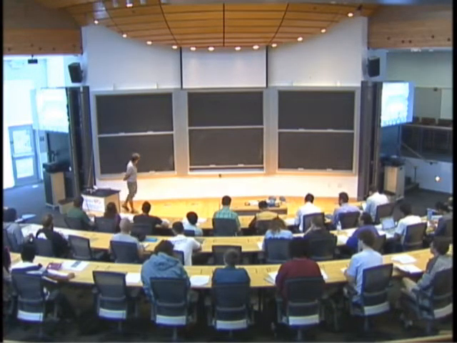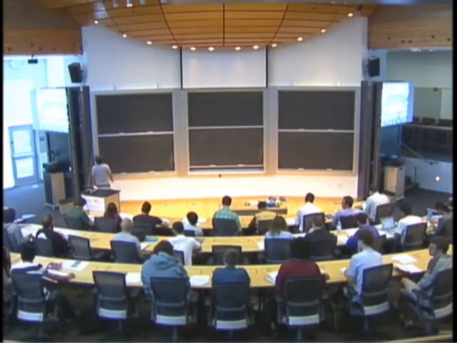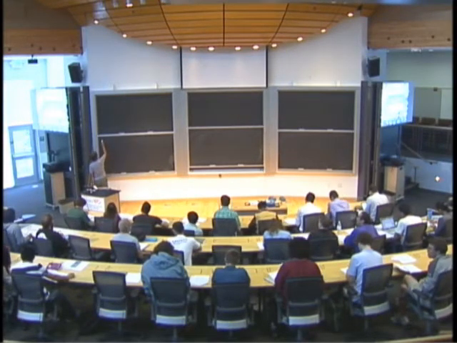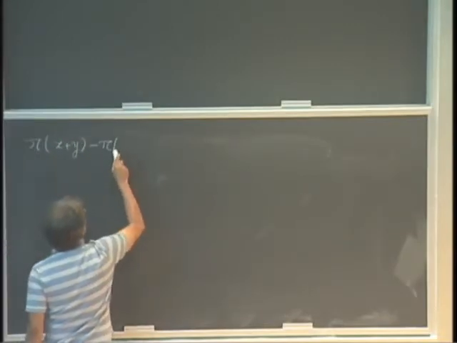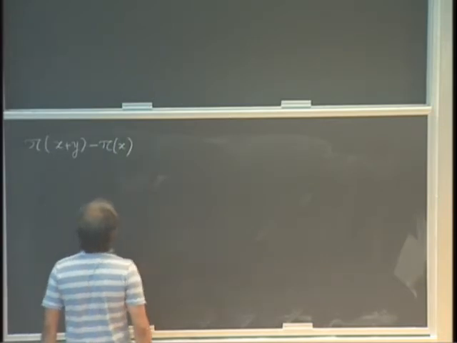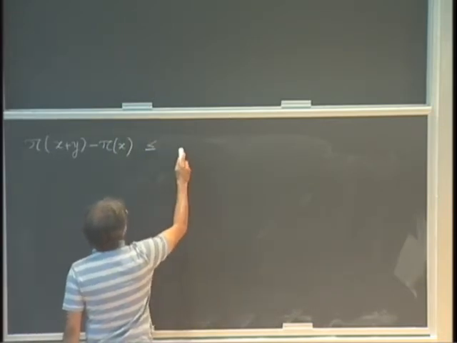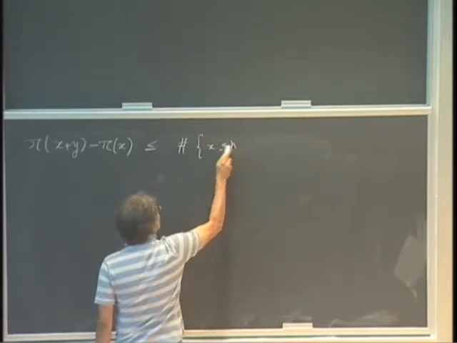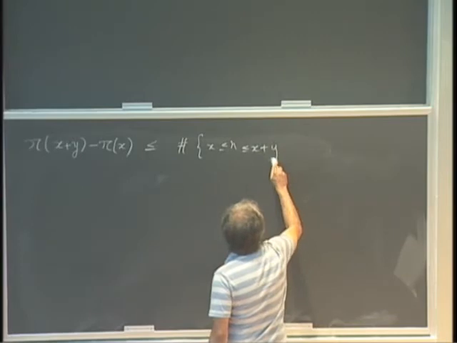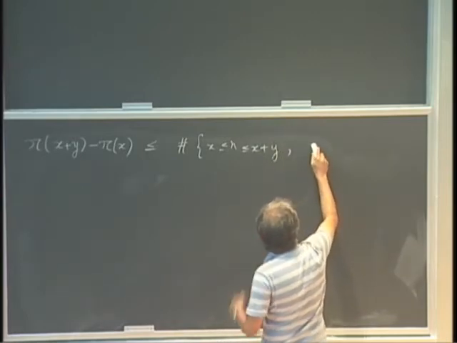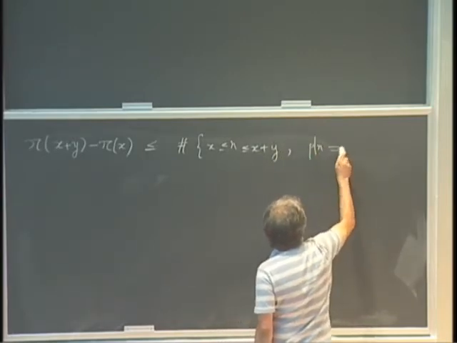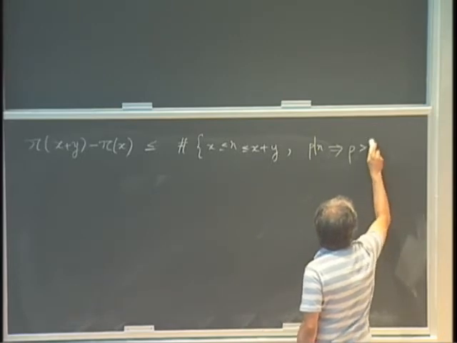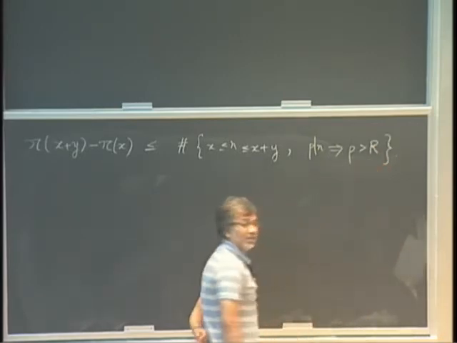So let me remind you where we were yesterday. I was working on a bound for the number of primes in an interval from x to x plus y. We bounded this by counting the number of n from x to x plus y, all of whose prime factors are bigger than some number r.